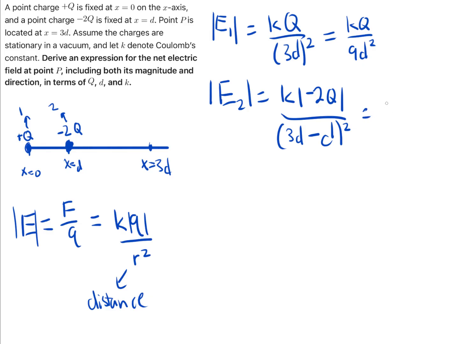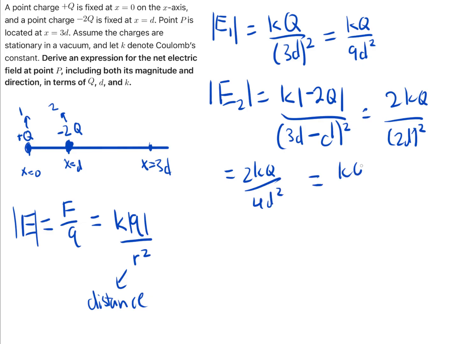So this becomes 2kq over 2d squared, so that's 2kq over 4d squared, which is just kq over 2d squared. So now all of the magnitude information is done.